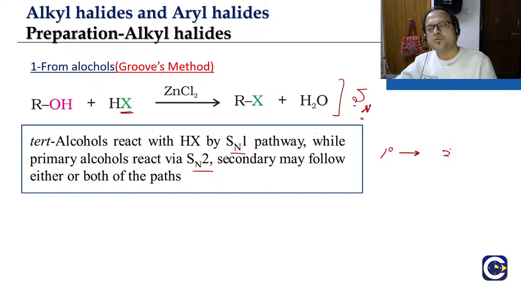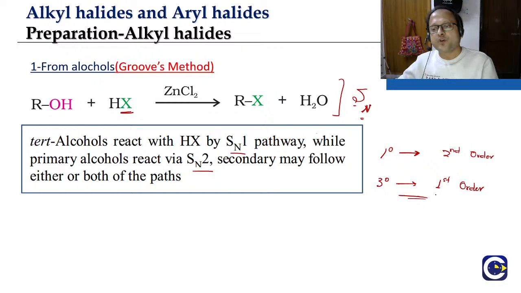Primary always goes through second order, while tertiary always prefers first order. There are a few nuances of first order and second order in terms of SN1 and SN2 that we'll discuss later, during the chemical properties, in great detail. All the stereochemical aspects, enantiomeric aspects, stereoselectivity, everything we'll discuss over there. That is a very interesting topic.